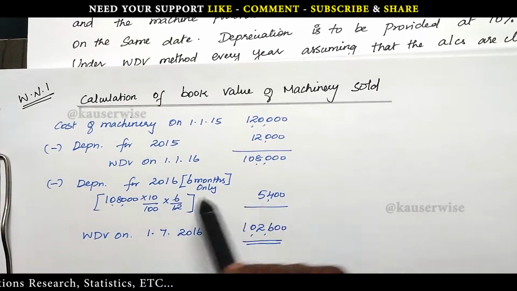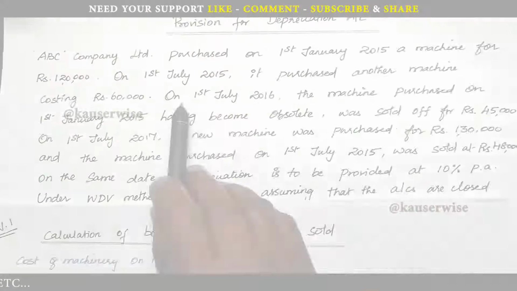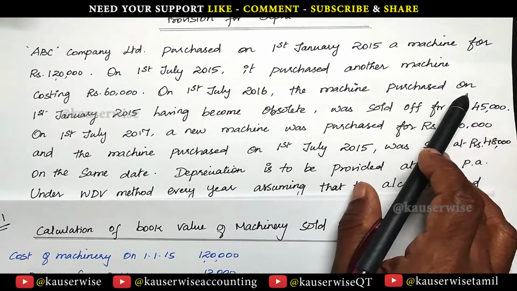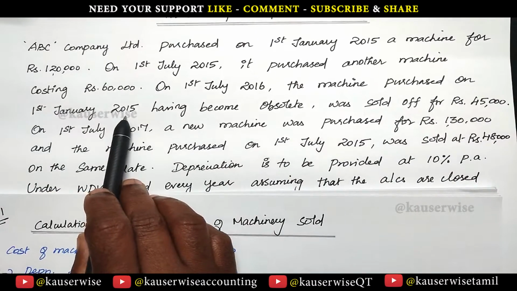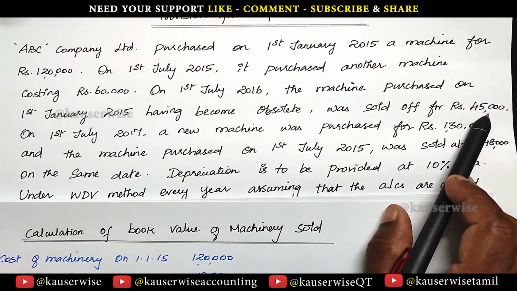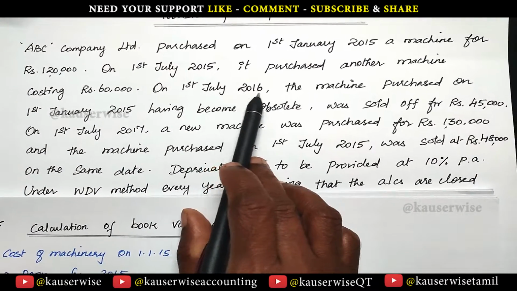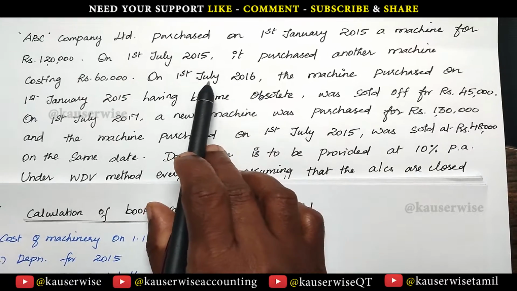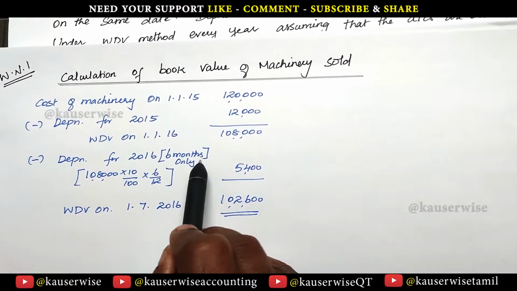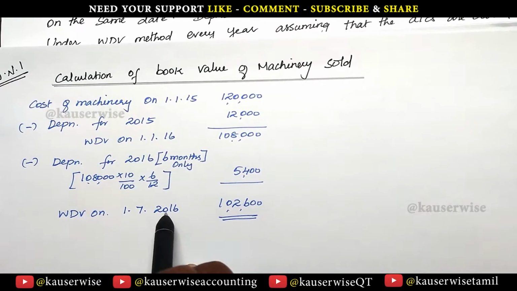Again in the second year we need to calculate depreciation. See the problem. On 1st July 2016, the machine purchased on 1/1/2015, having become obsolete, was sold off for 45,000. So we need to calculate depreciation even for 2016, but till 1st July. See the working note. In the second year we have to charge depreciation only for 6 months, that is from 1st January 2016 till 1st July 2016.